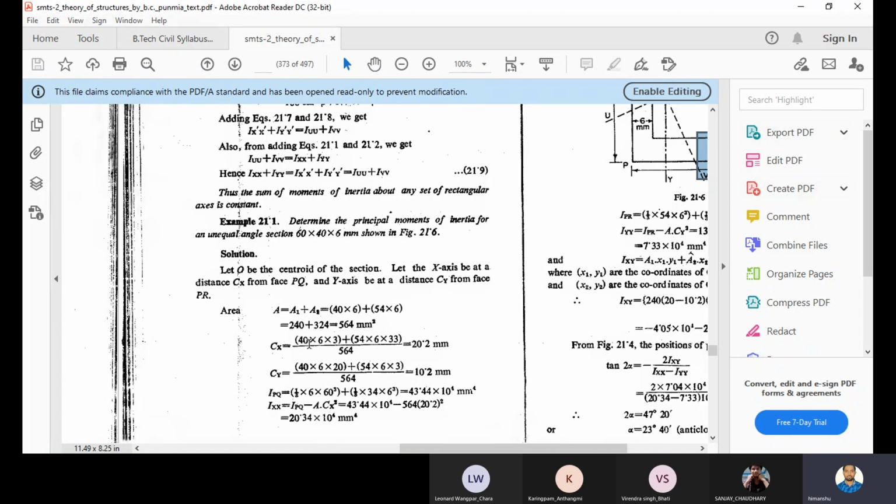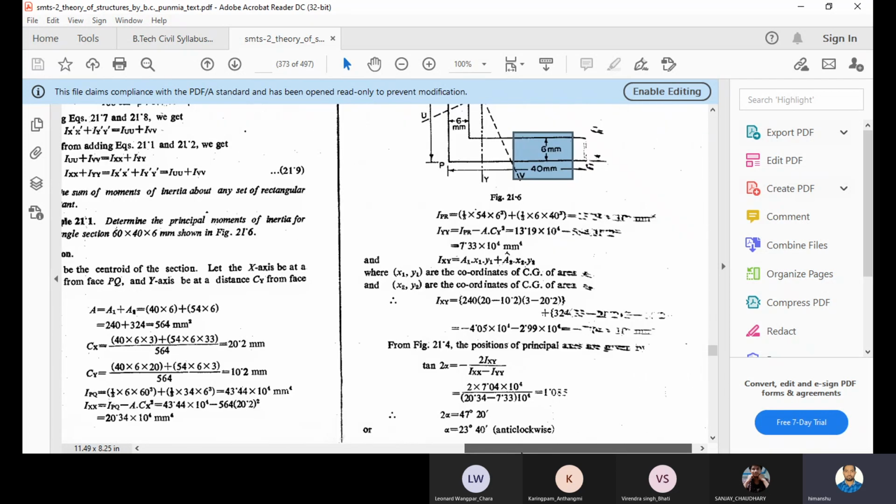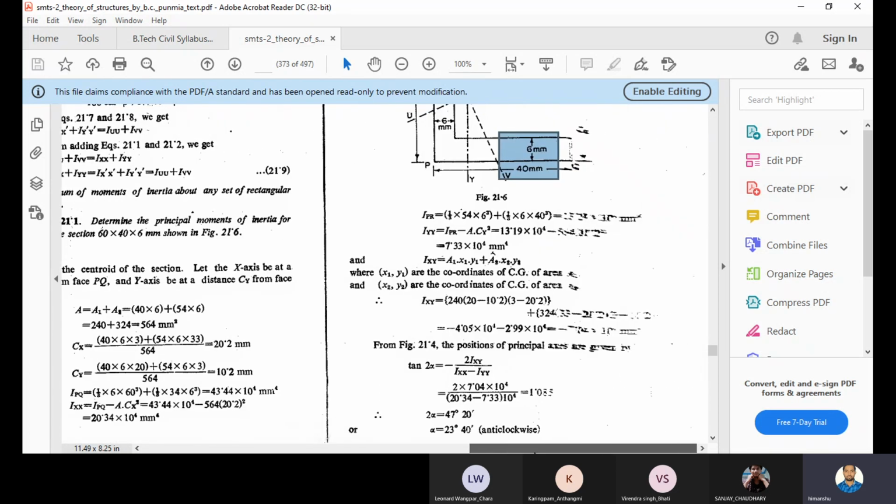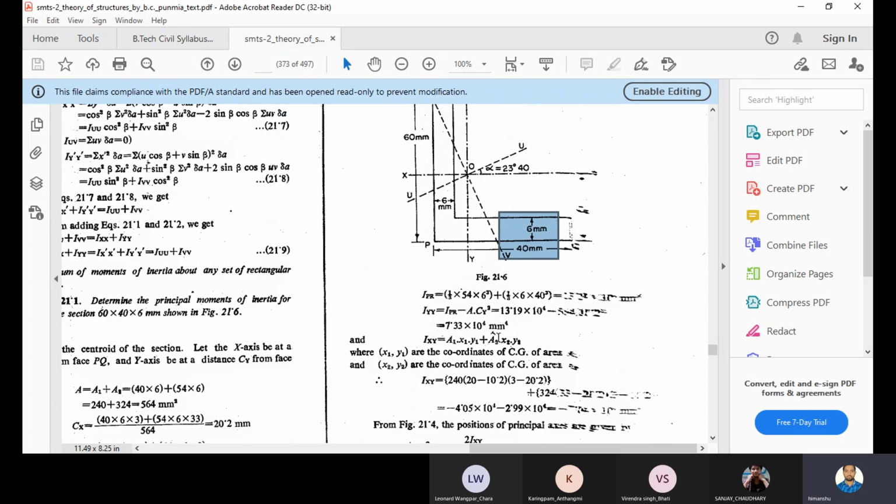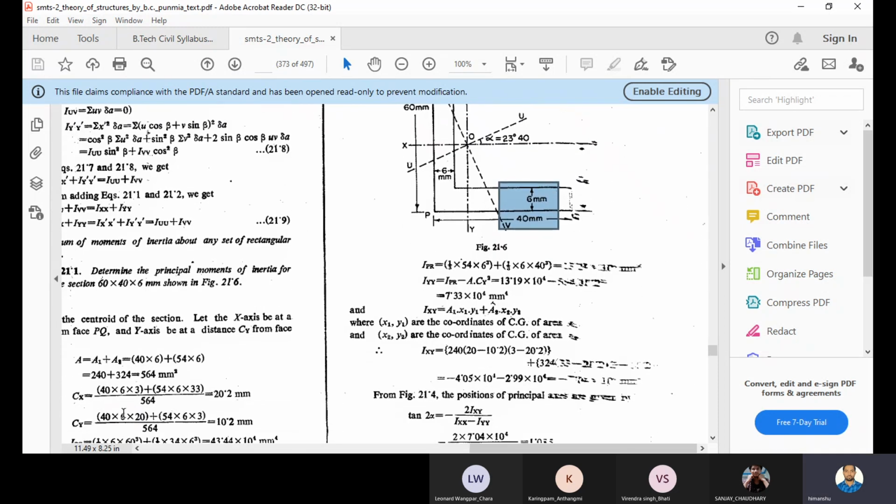Cx is 40 into 6 into 3 plus 54 into 6 into 33 divided by 564. So we are actually finding out the cx and cy by using the area into lever arm equations.